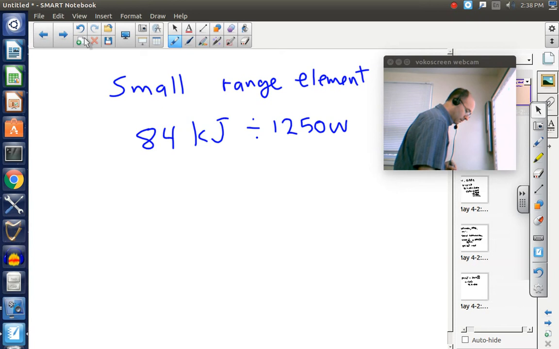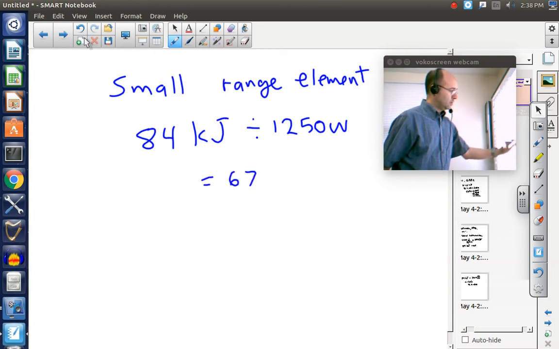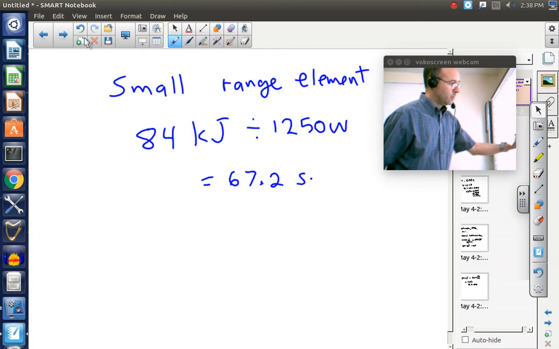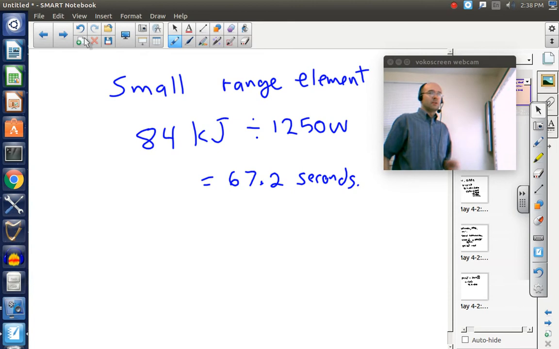So 84K divided by 1250 equals 67.2 seconds. And I think you could have well imagined that 700 watts microwave and a 1250 watt stove element, this is almost double. This is almost 1400.